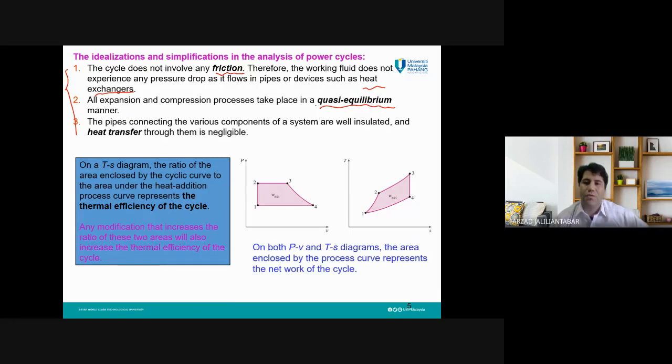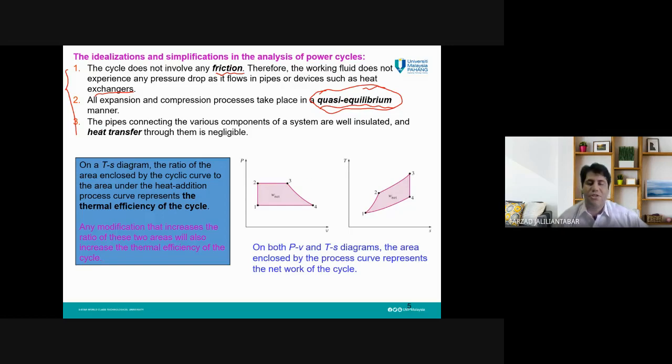We call that quasi-equilibrium because it is not equilibrium for sure, because for example here from state 2 to state 3 we have a constant pressure process and it is like this, a direct line, but usually actually it is not like that, and to draw that we need to have lots of information. But we can assume we have a quasi-equilibrium process. In other words, we can assume that for example here the pressure is constant.